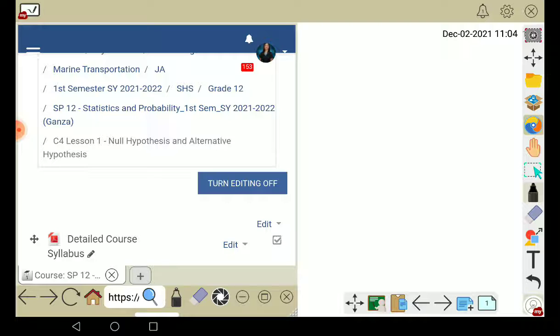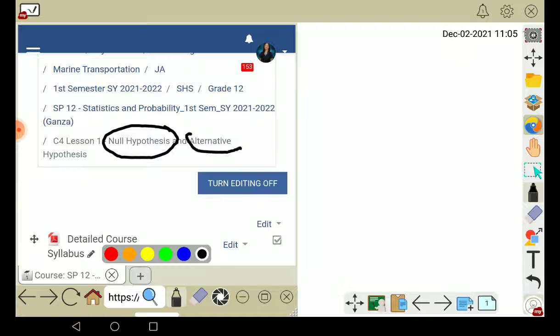That is the most common definition that we have encountered in our previous science classes. Now, in your statistics and probability, there are two hypotheses that are being determined. The first one is what we call your null hypothesis, and the second one is what you call your alternative hypothesis.